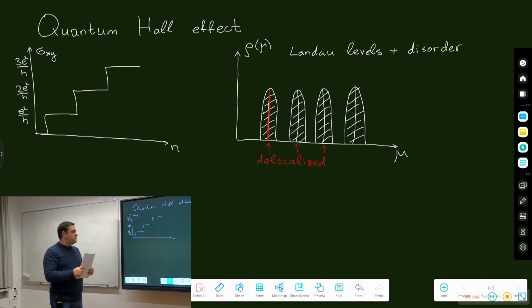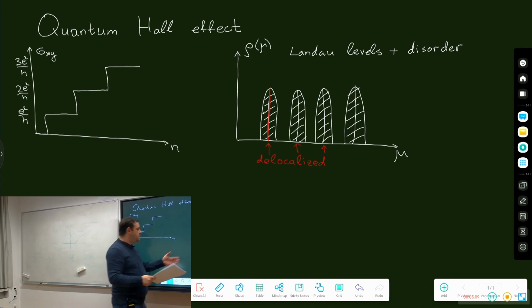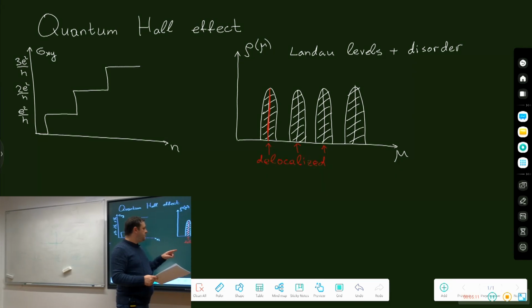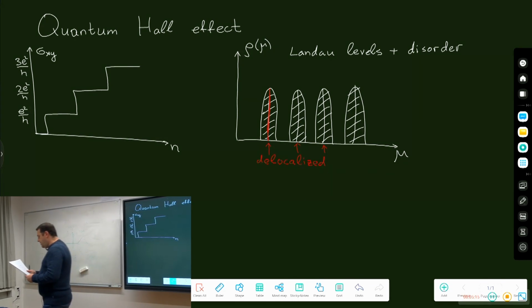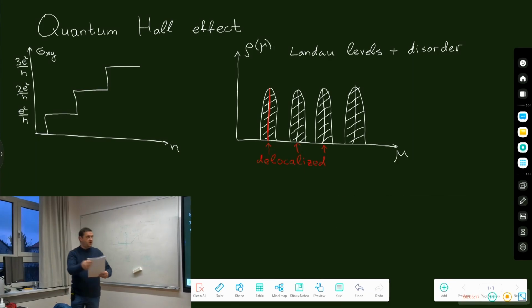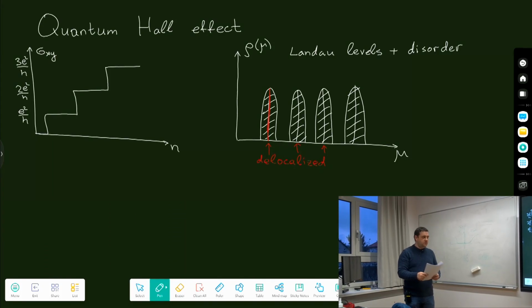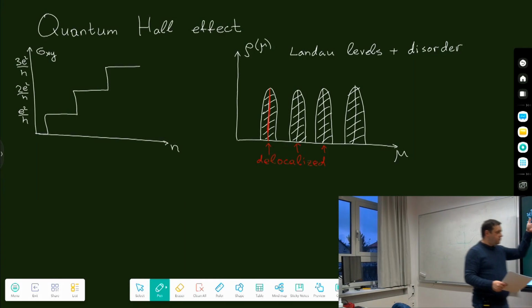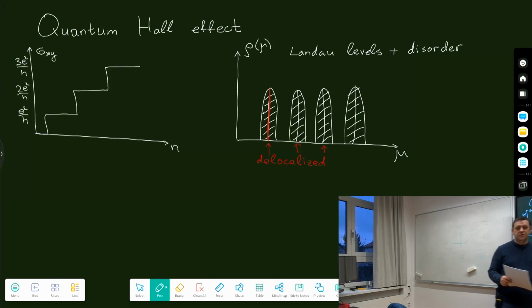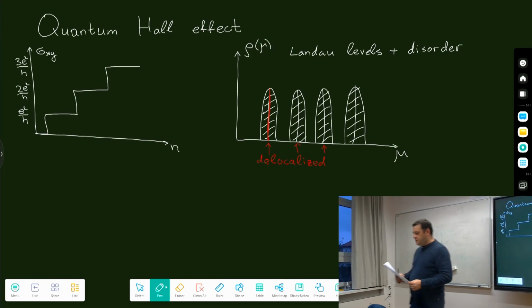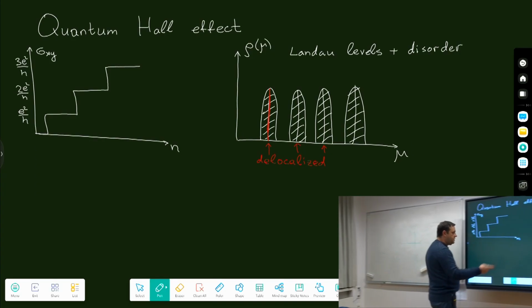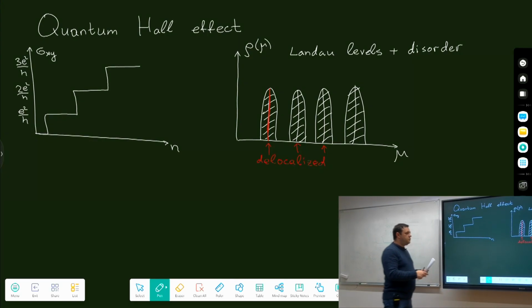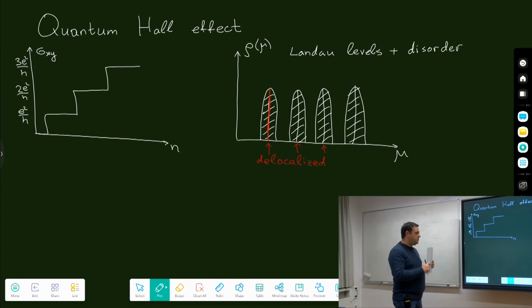And to prove this picture, to prove that there is a delocalized state in the middle, there are various ways to do this, and since my lecture course is mainly about the nonlinear sigma model, I will tell you how the nonlinear sigma model works in this case, and how we usually can describe the quantum Hall effect using it.